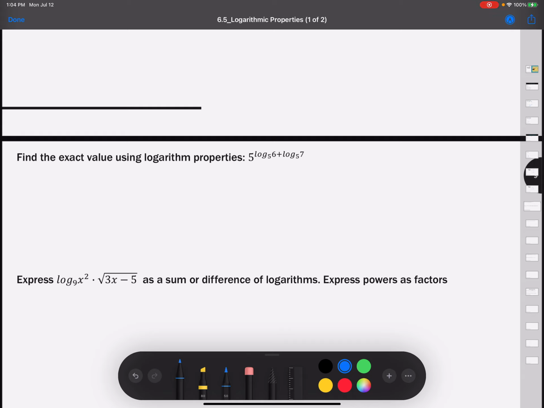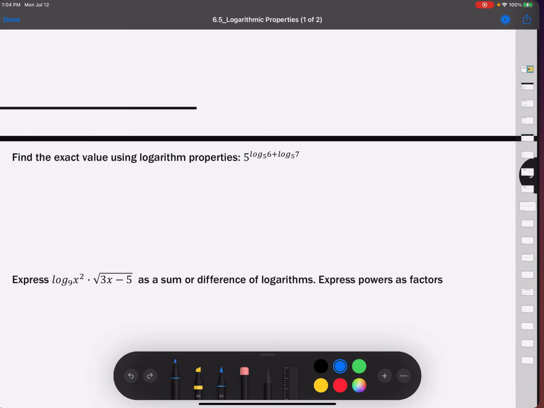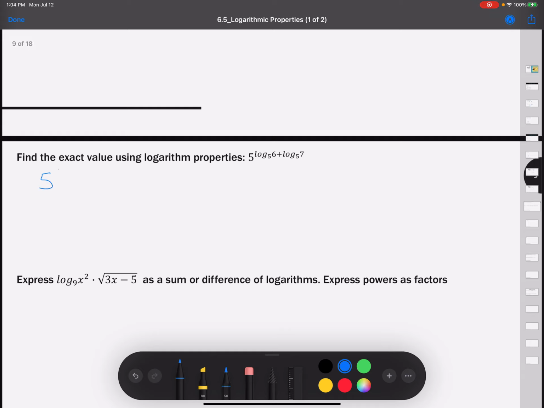So I'm using property number 6. I'm going to rewrite 5 to the power of log base 5 of 6 plus log base 5 of 7 as 5 to the power of log base 5 of 6 times 7.